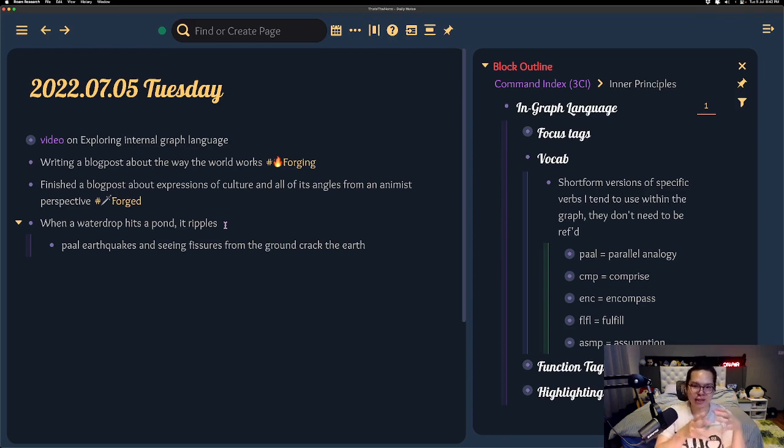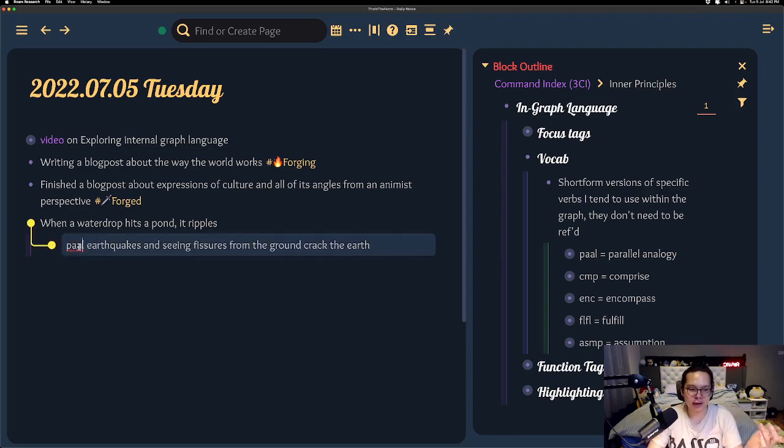It's radius based, it's like a locus, it expands outward. So I would say parallel analogy, earthquakes and seeing fissures from the ground crack the earth.